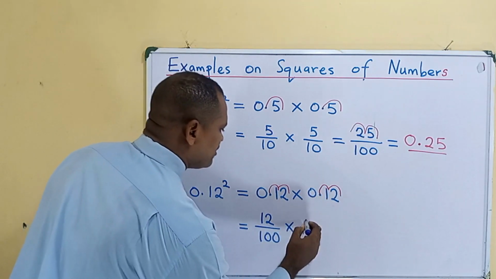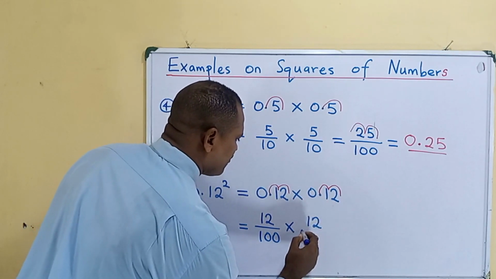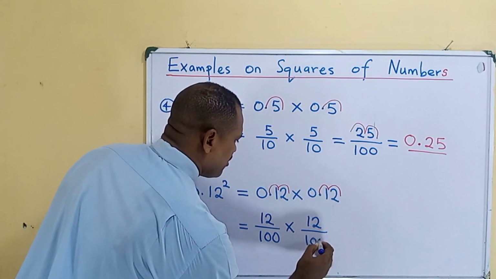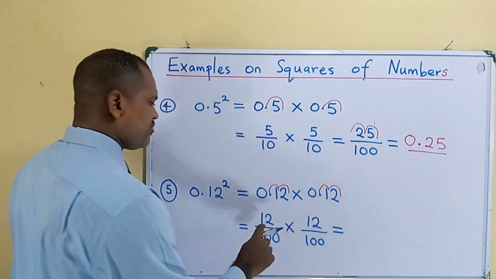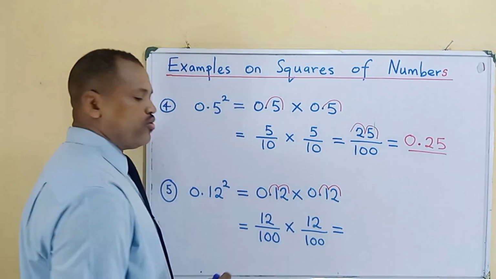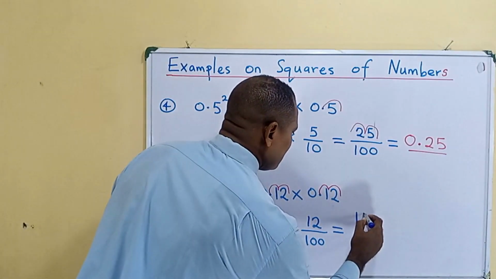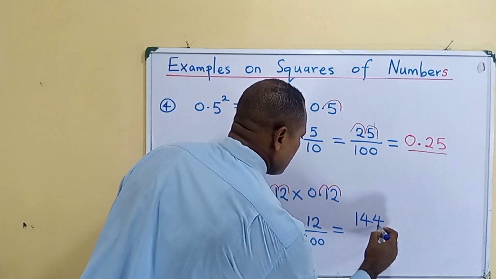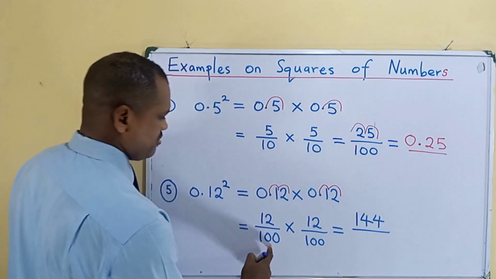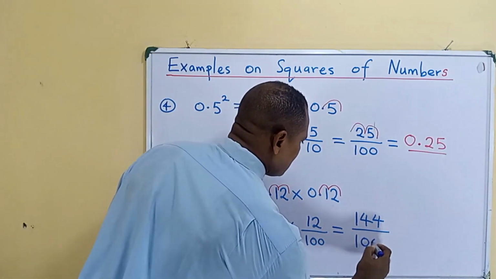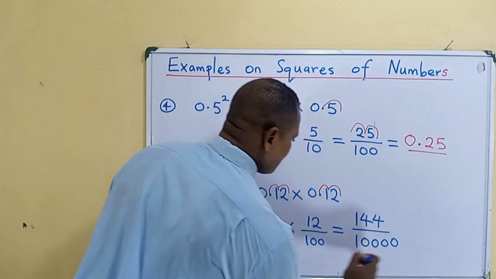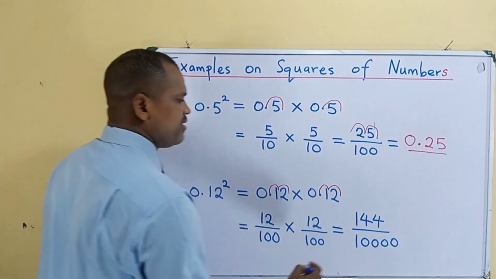Times the same thing with this, 12 over 100. You now multiply. Of course, 12 times 12 will give us 144 over 10,000. 1, 2, 3, 4, 10,000.